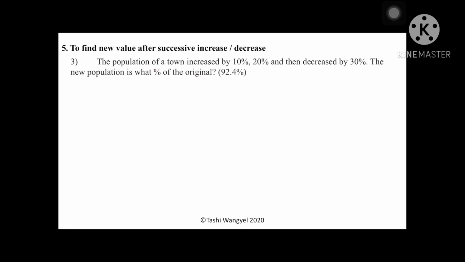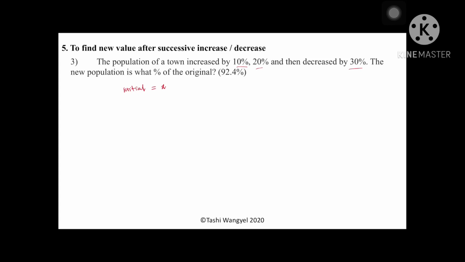So the third example: the population of a town increased by 10%, 20% and then decreased by 30%. The new population is what percent of the original? The original, initial population, let's say, is x.